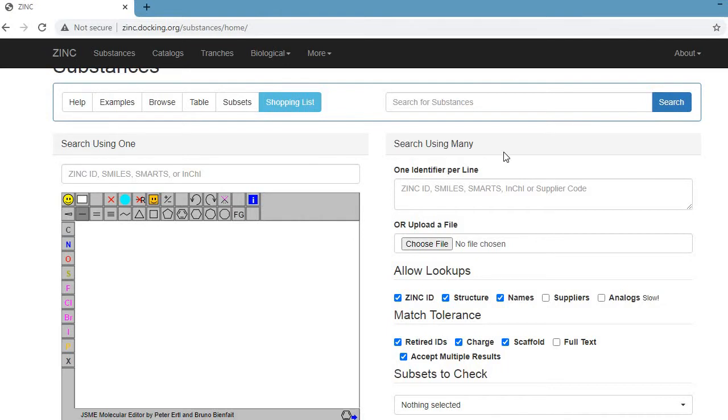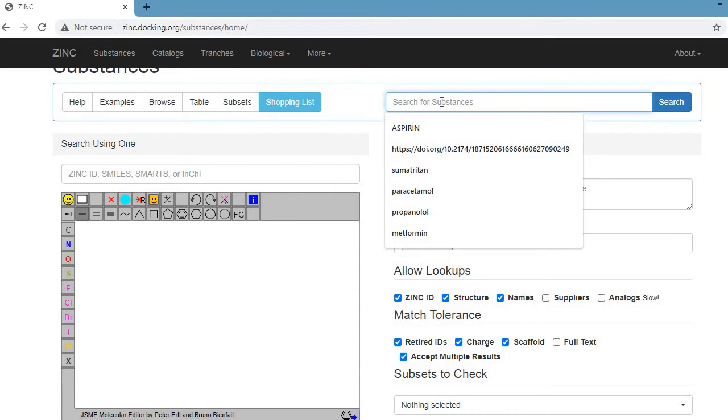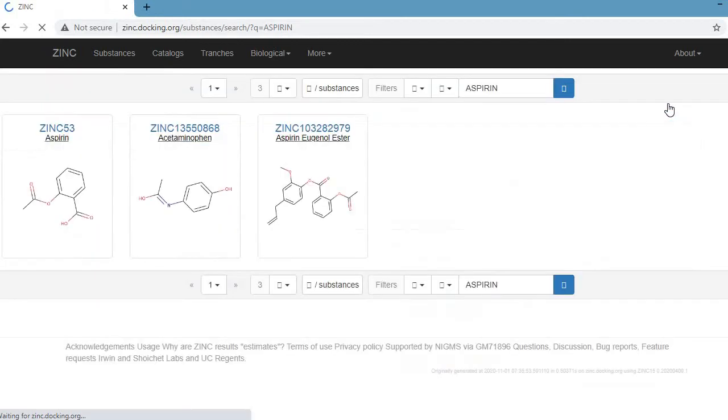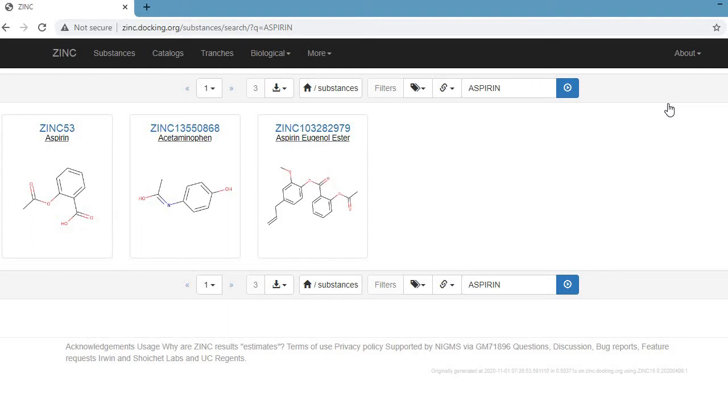Now if we want to search any substance, then we can type here, search for substance. For example, aspirin. Search. So here are various structures related to aspirin.